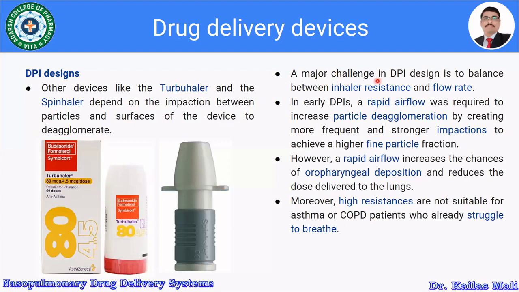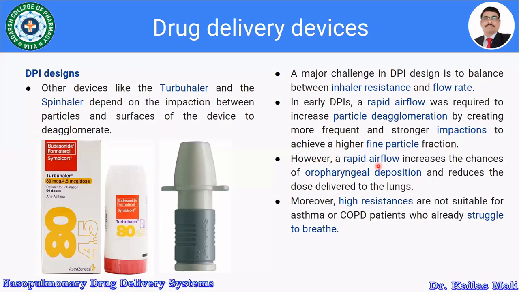A major challenge in DPI design is to balance between inhaler resistance and flow rate. In early DPIs, rapid airflow was required to increase particle de-agglomeration by creating more frequent and stronger impaction to achieve a higher fine particle fraction.